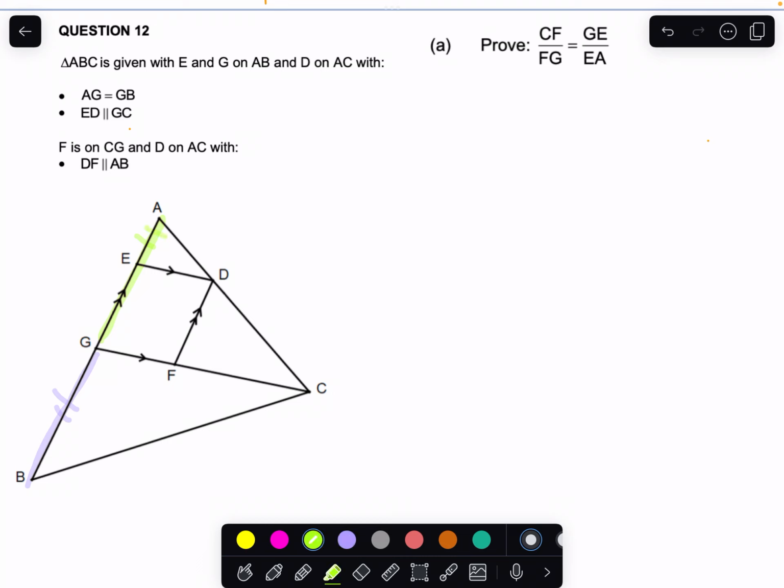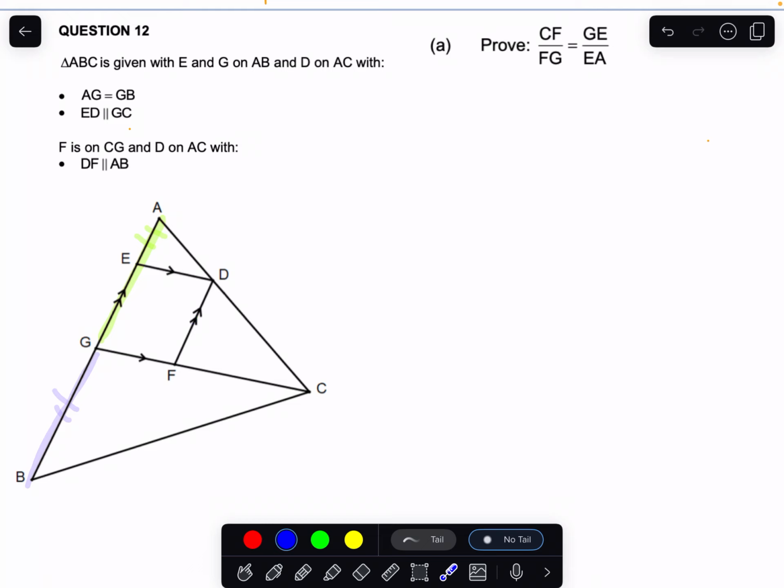And ED is parallel to GC. F is on CG and D on AC, with DF parallel to AB, indicated by our arrows there and there.